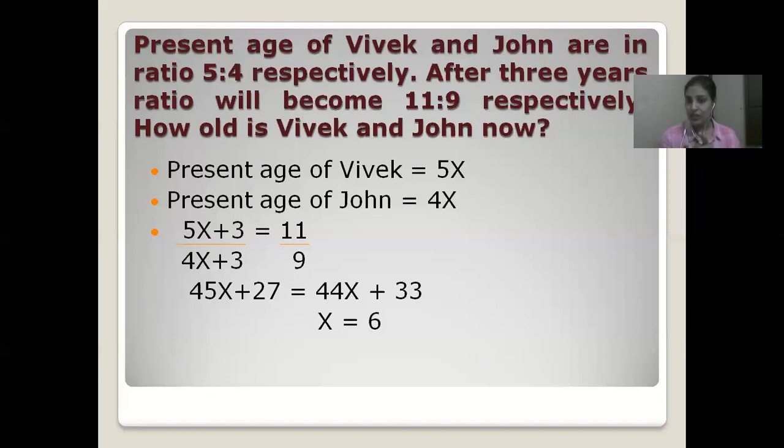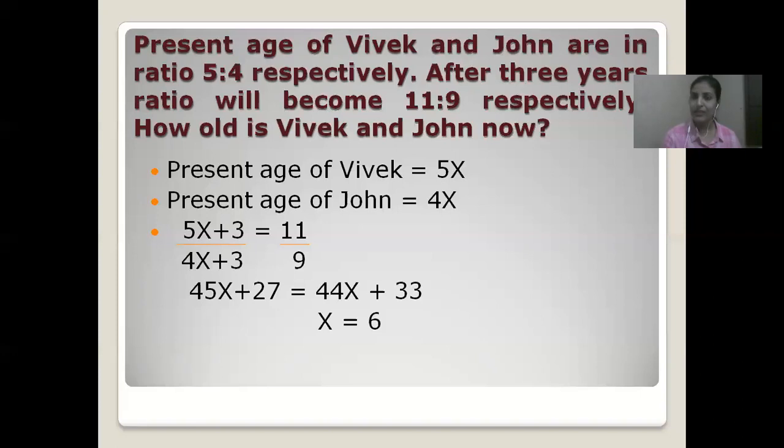And after 3 years, John means 4x plus 3. So that is 5x plus 3 divided by 4x plus 3. As it is given in ratio, you have to always represent it as a fraction. That is the reason why I have represented the problem as a fraction. So 5x plus 3 divided by 4x plus 3 equal to 11:9, which becomes 11 by 9.